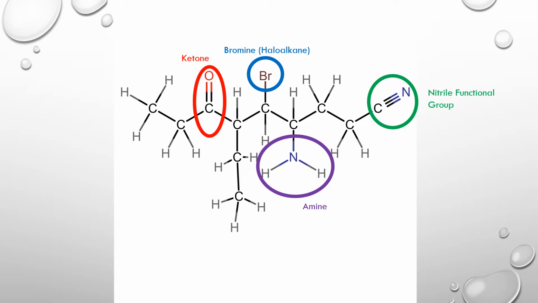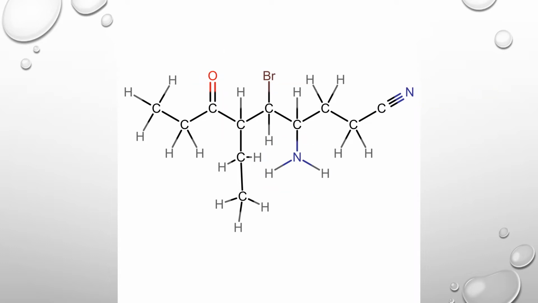We also need to consider the carbon chain and how the carbon chain is structured. So we need to first of all find the longest carbon chain, and that can be in any way or form. It can go around corners, and you might not find the longest one the way you're expecting to find it.